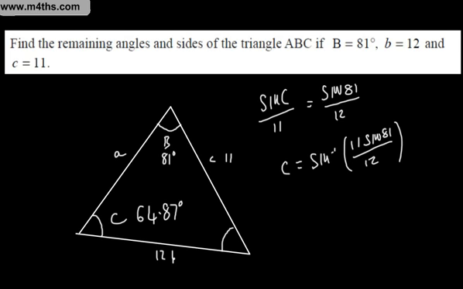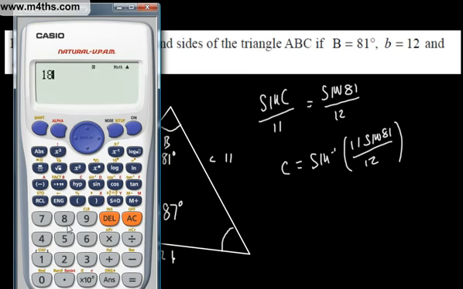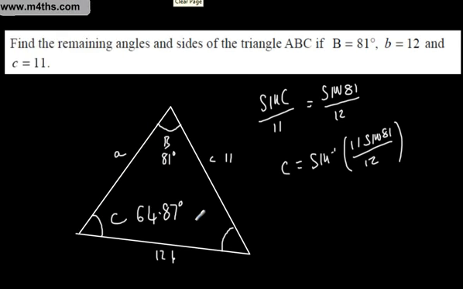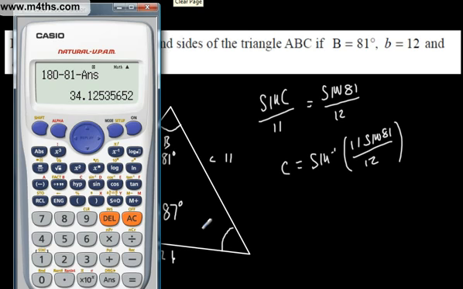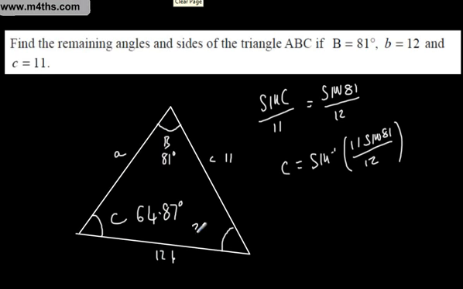So in the calculator, 180 minus 81 minus that answer will give us the size of this angle. It's not truncated in any way, so 34.125.